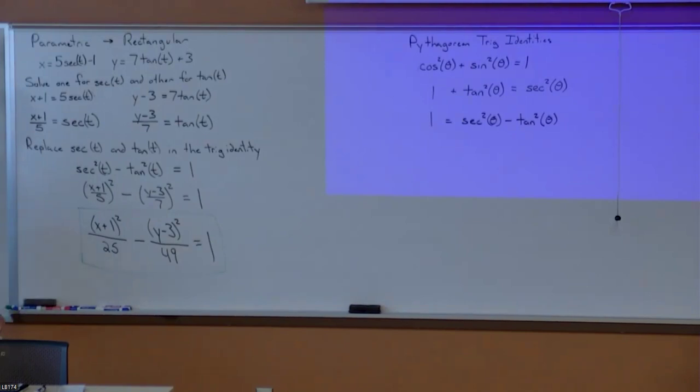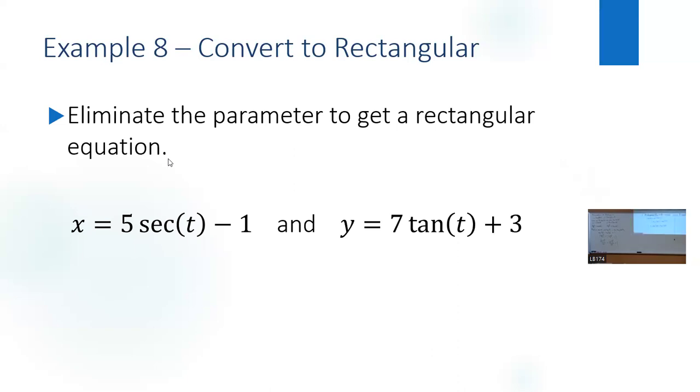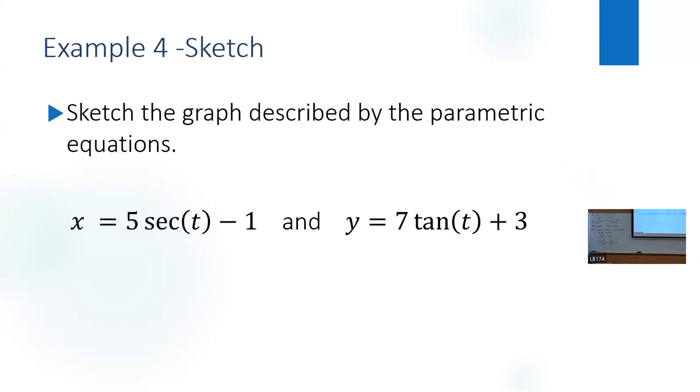So our standard version of the hyperbola. So that's why these weird equations with trig functions, when we graph those, that's why when we sketch these, this looked like a hyperbola.